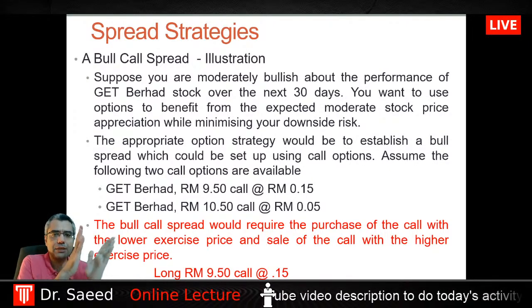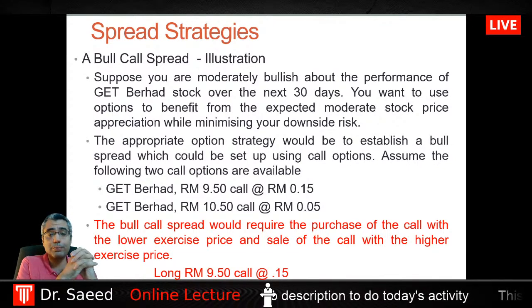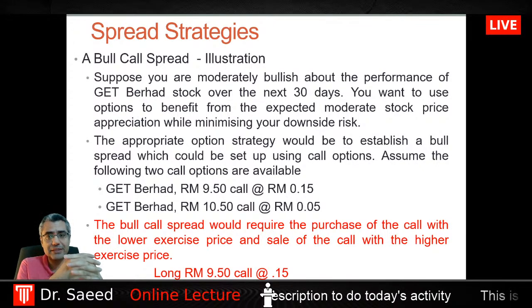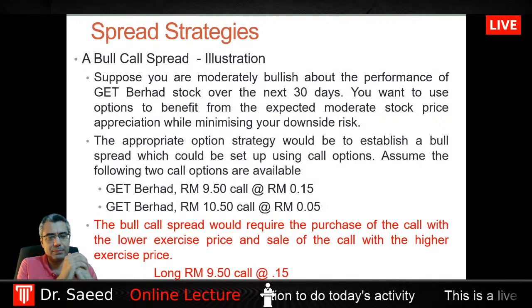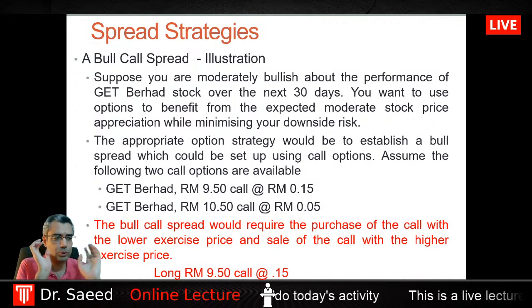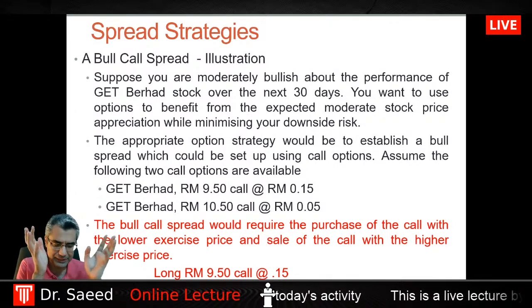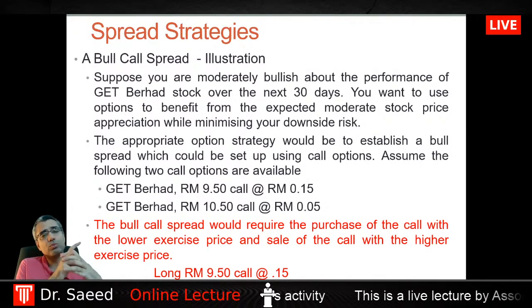There is a stock and you are moderately bullish. So you want to use options to benefit from the expected moderate stock price appreciation. It means you believe it may go up a bit, but based on your analysis, you predict that moderately the price may increase, and you don't want to take much risk.